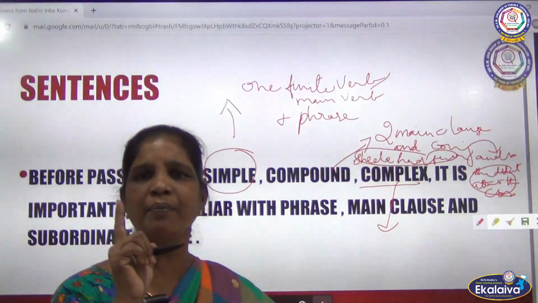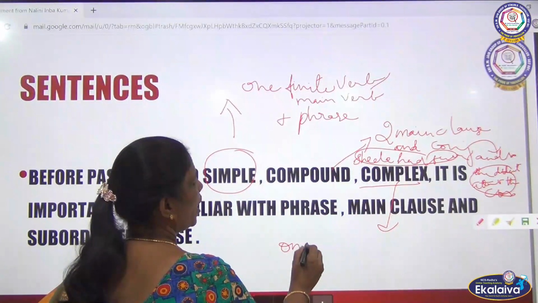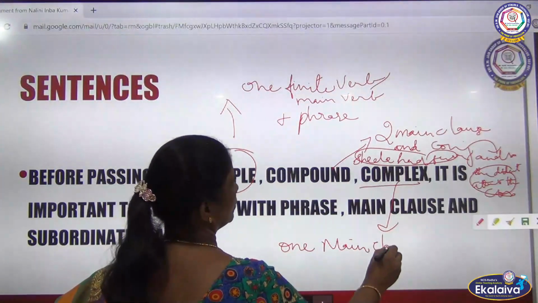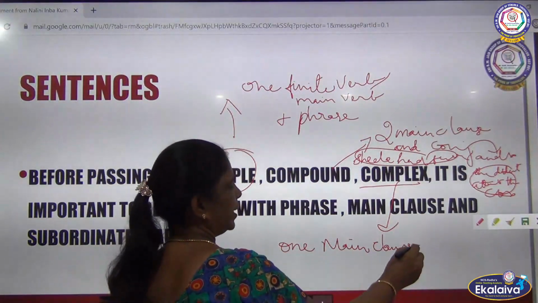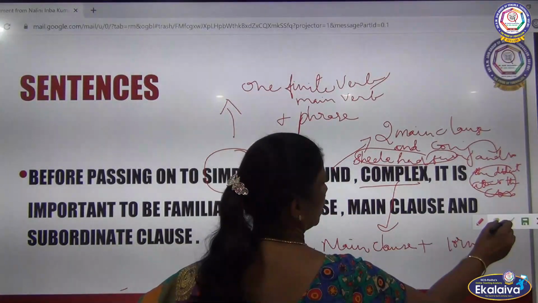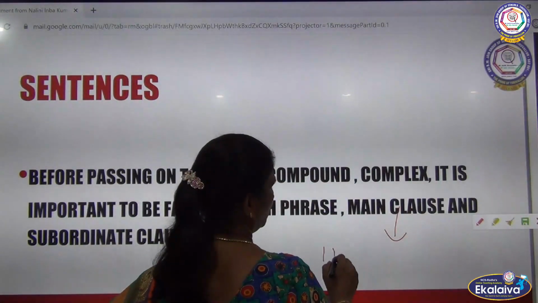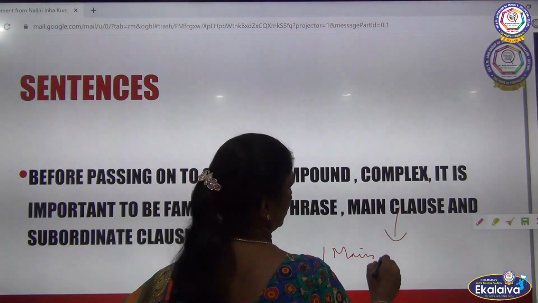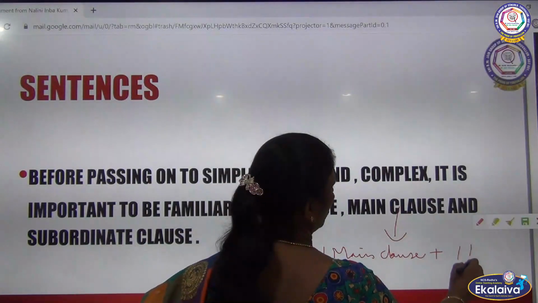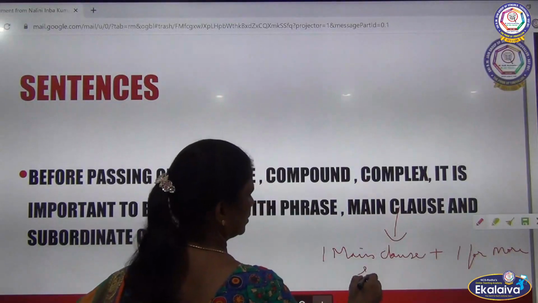It will be having one main clause plus one or more subordinate clauses.